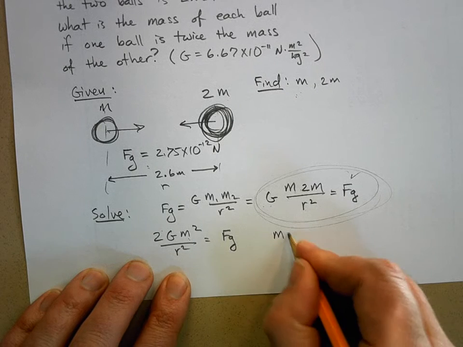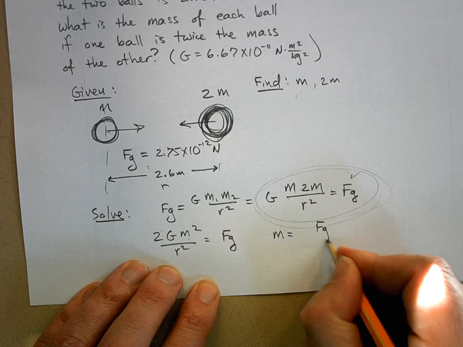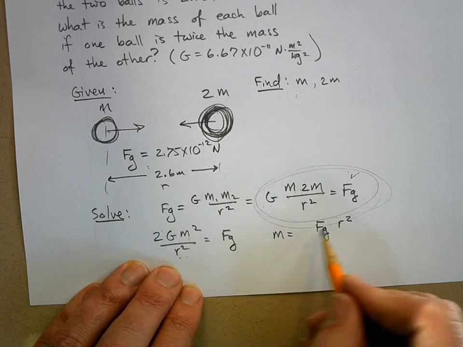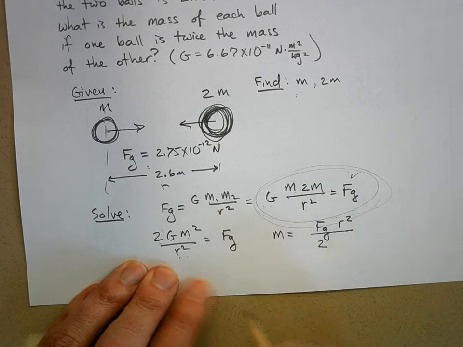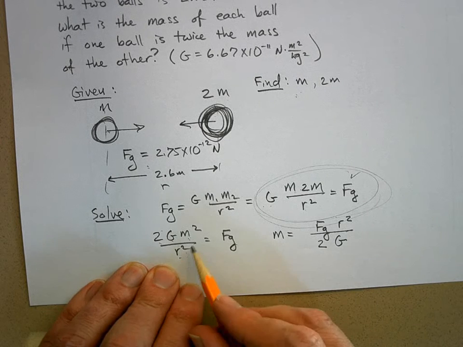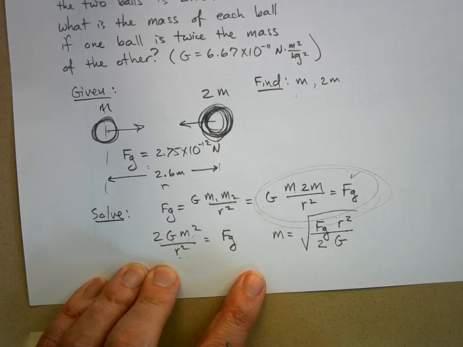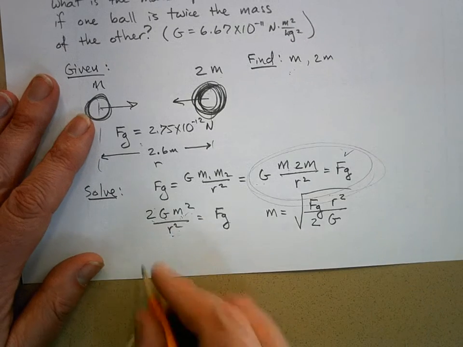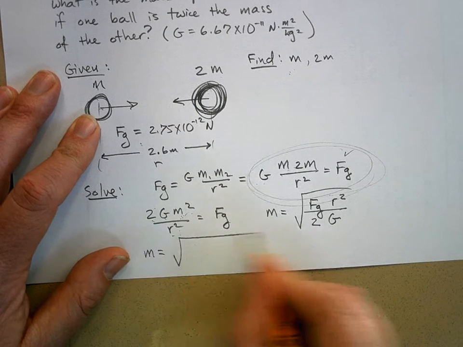So m equals the force of gravity multiplied by r squared, divided by 2, divided by G, and then what do you have to do to get m? Because this is m squared, isn't it? Let's take the square root. And then you have to hope that your calculator doesn't fail you. Now we're ready to plug in numbers.